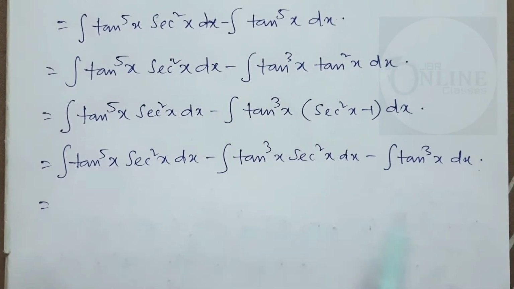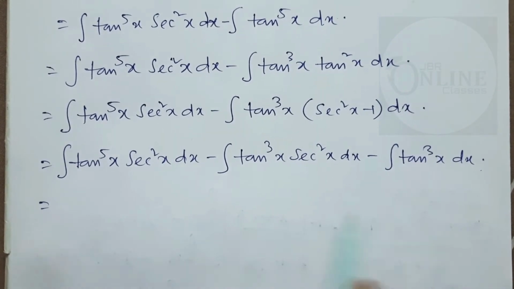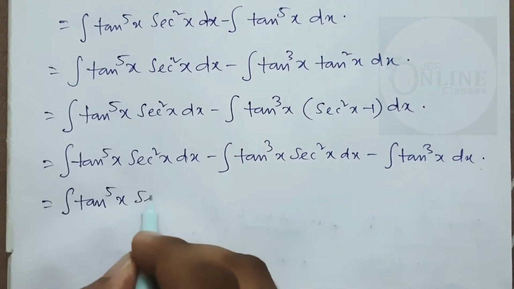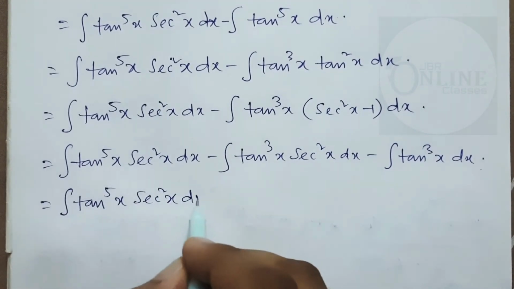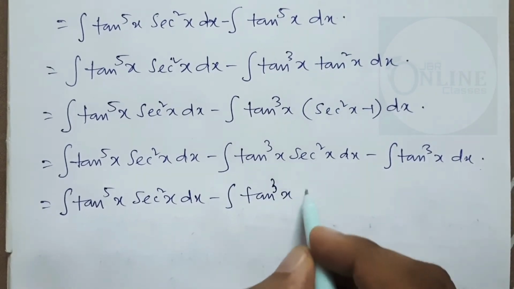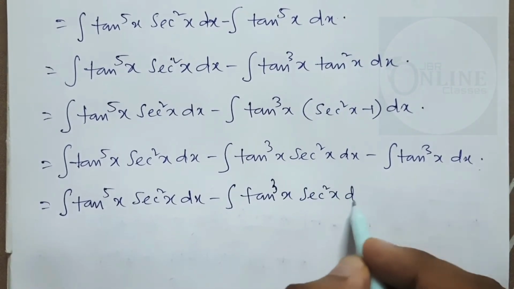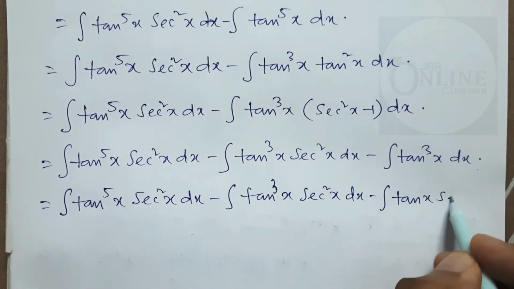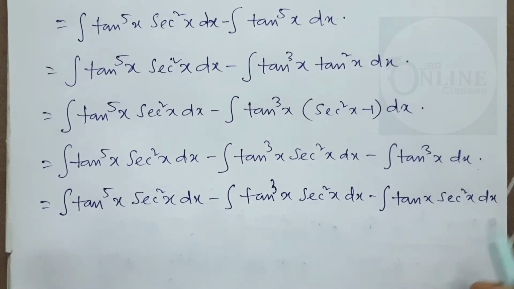So I am skipping some steps, and finally we are getting integration tan x sec square x dx.